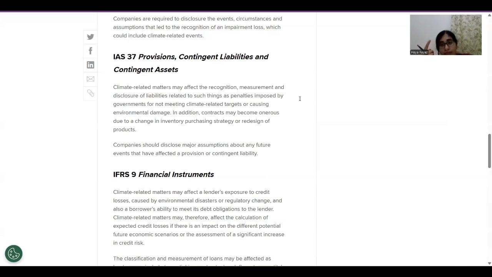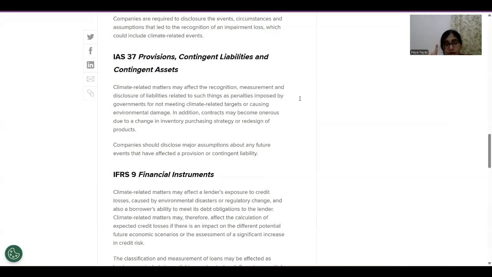So you should know what all categories under IAS 37 will be affected. But it is suited to the scenario, guys. Don't end up writing all of the onerous contract, penalties, all of this. Only what is relevant to the scenario in the question is what you have to write. For example, if fire has taken place, write according to that. If there's a penalty, write according to that. If they have not met the target, write according to that.